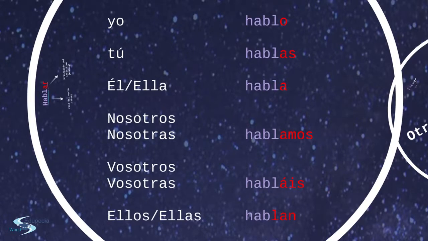So, yo hablo, tú hablas, él, ella habla, nosotros, nosotras hablamos, vosotros, vosotras habláis, ellos, ellas hablan. So this ending is the same for the rest of the AR regular verbs.